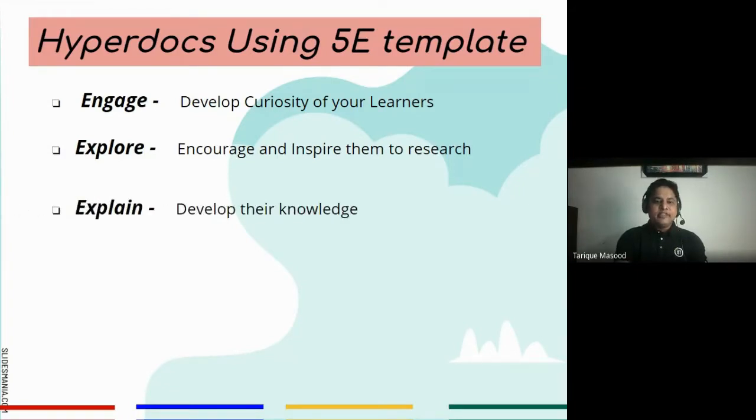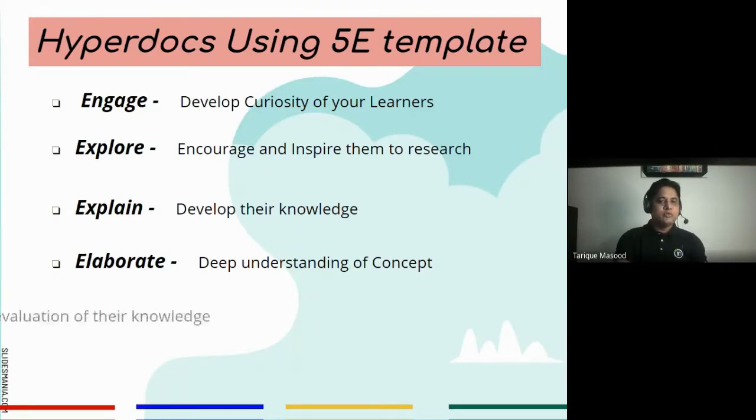Explain: when they have explored the content, give them tools so that they can know more about the given topic and their knowledge develops. Elaborate: they can gain a deeper understanding of the concept that you want to teach.